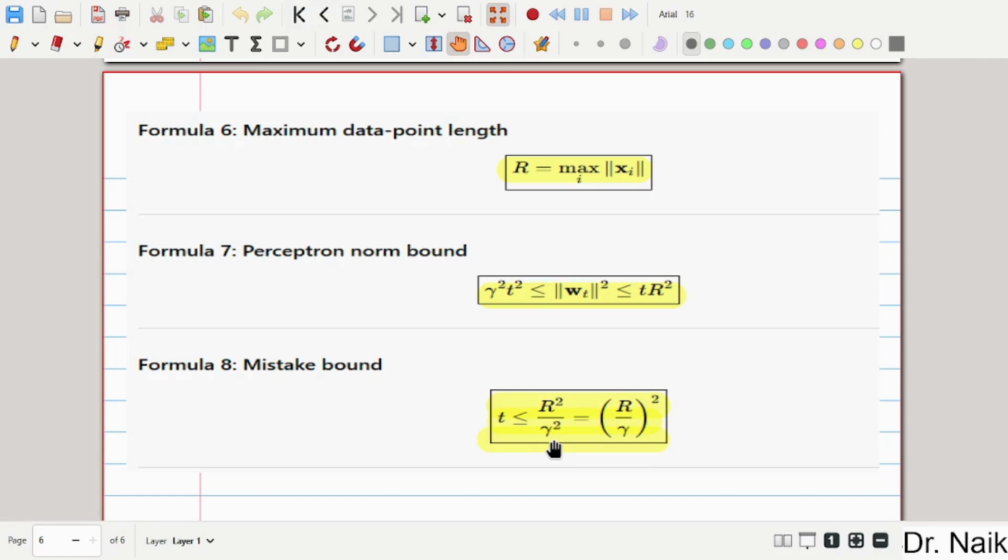It can also be written as t is less than or equal to the square of capital R divided by gamma.